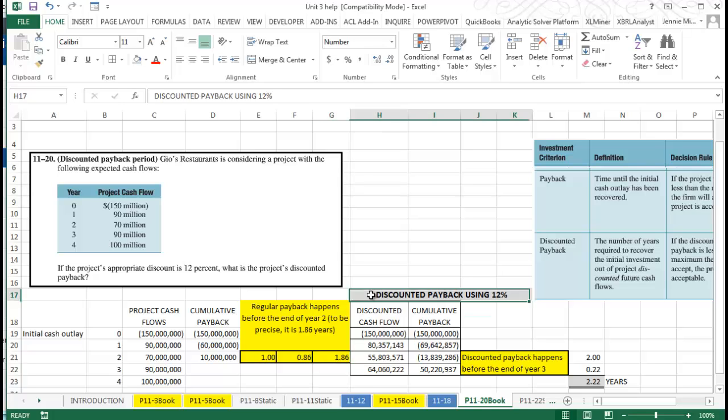Now if we do the discounted payback, first of all we have to have a discount rate, which they gave us of 12%. And so what we're doing is that we are taking the present value using 12%. We're going over here and picking up the B20 number.